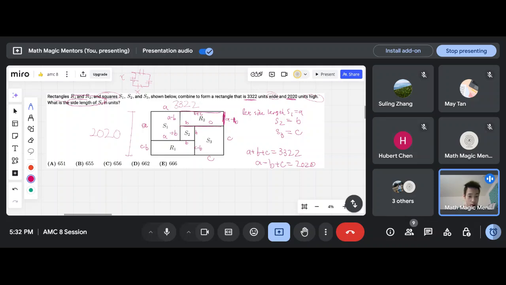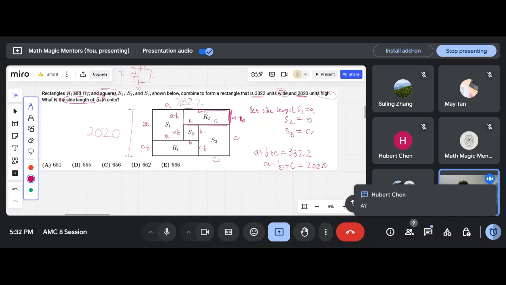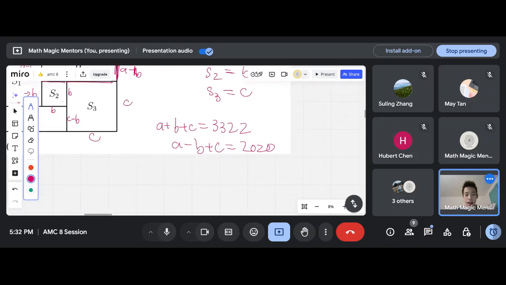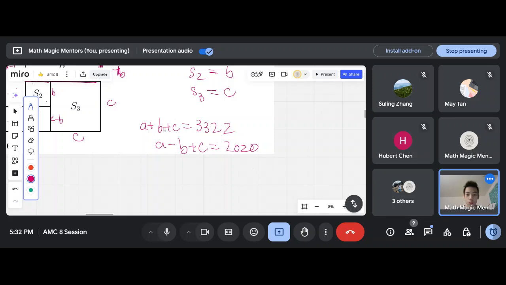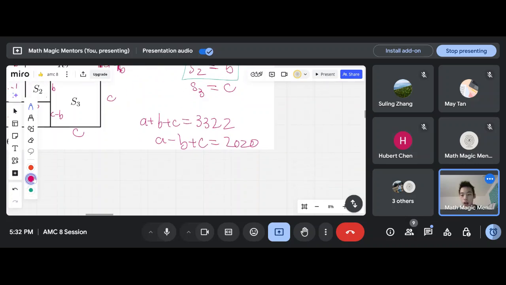If we assign variables to the side lengths of all the squares, then we can use this information to solve for B. We don't even have to solve for A or C, because we want to find this boxed length, which is B. So how do we get B?